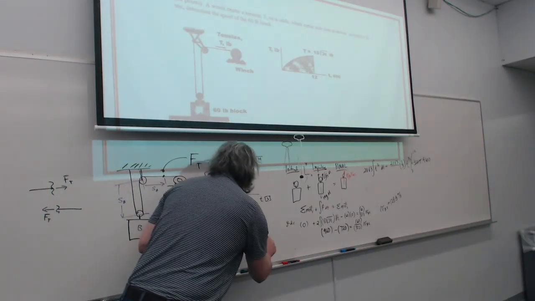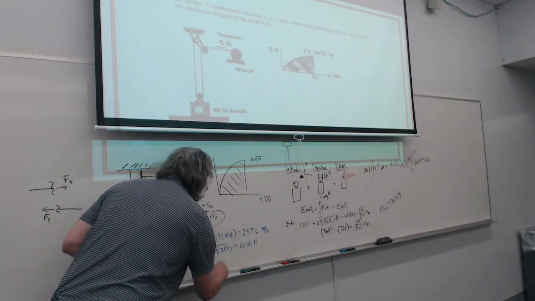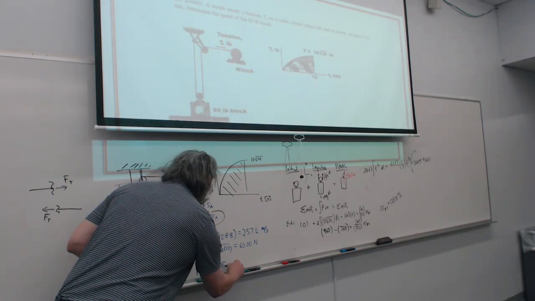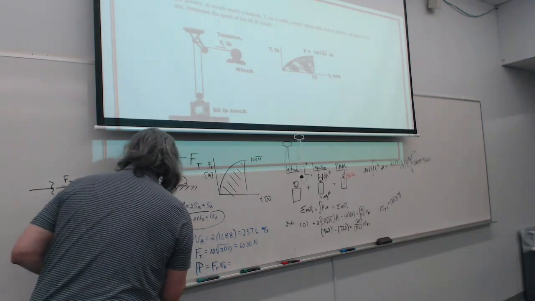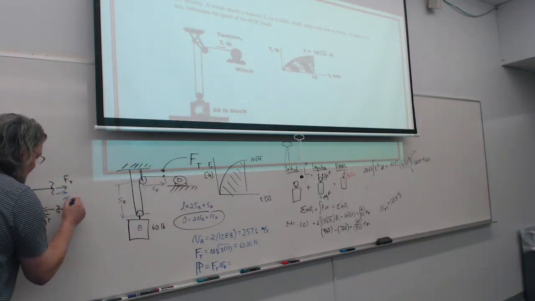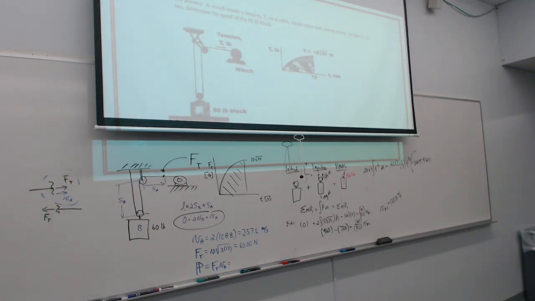And it's a Newton. So now if we want power, we're going to take that Ft times the velocity. And it's because of this right here, this is the velocity, the VA. And because of that, we can find the power that's being put into the system.